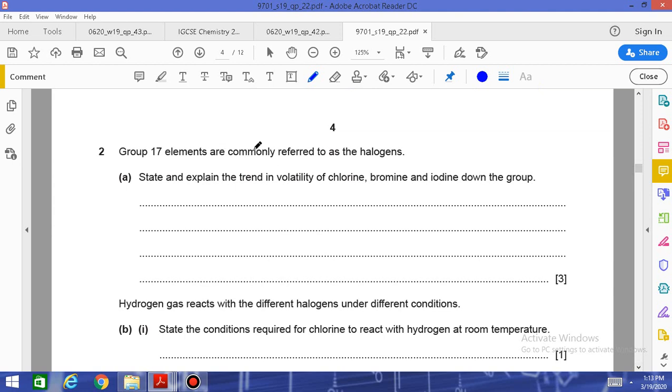Group 17 elements are commonly referred to as the halogens. State and explain the trend in volatility of chlorine, bromine, iodine down the group. So remember, what is volatility? The ability of a substance to evaporate.